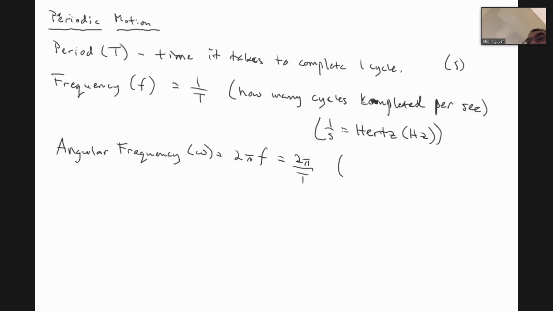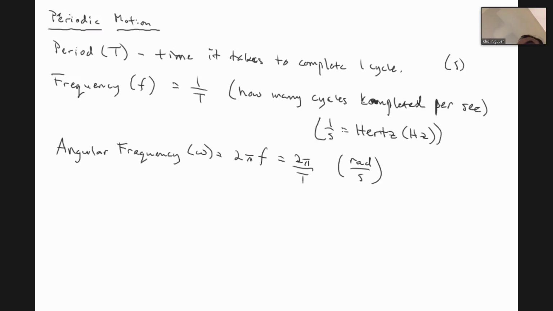The units for angular frequency is radians per second. Okay? So instead of having the thing repeat up and down, up and down in a wave type motion, we can think of it as going around in a circle type motion. That's why we're translating linear frequency to angular frequency, right?